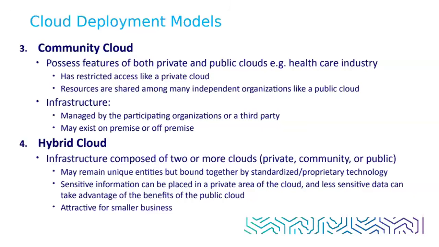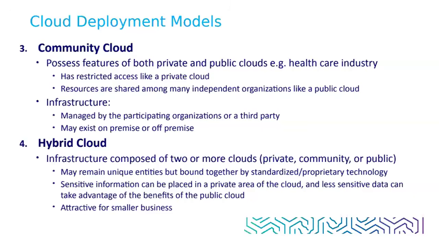The infrastructure may be managed by the participating organizations or by a third party, and it may exist on premise or off premise. That means on location or off location.